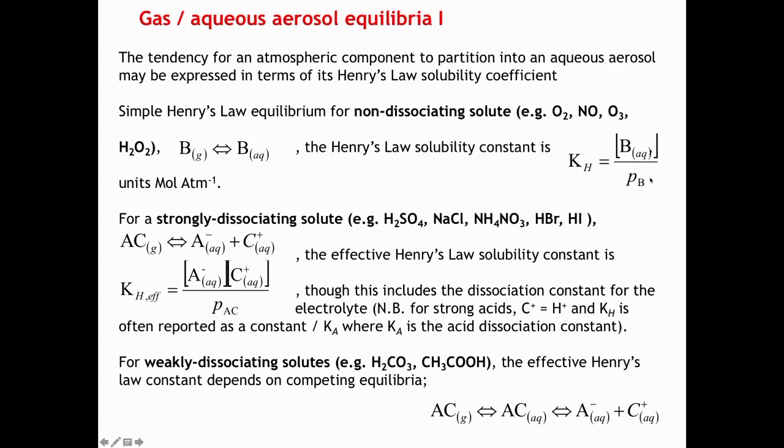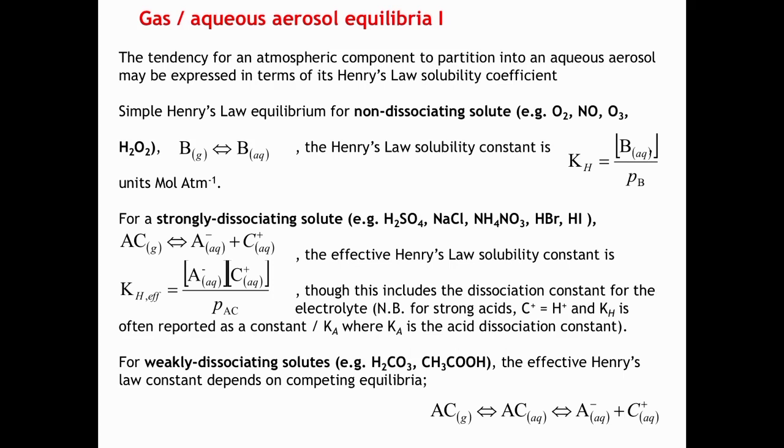So your partial pressure times your equilibrium constant will tell you how much you have in the condensed phase. So if you have 10 parts per billion, then you will have a stronger solution in your aerosol particles than if you had 5 parts per billion. So it just makes sense.